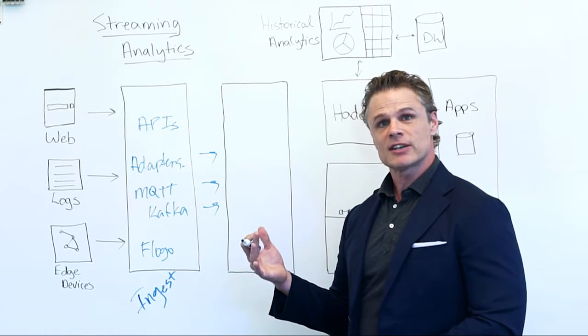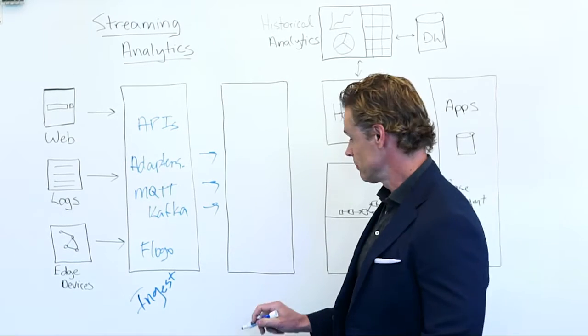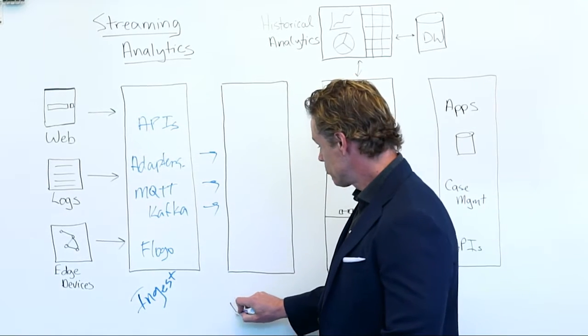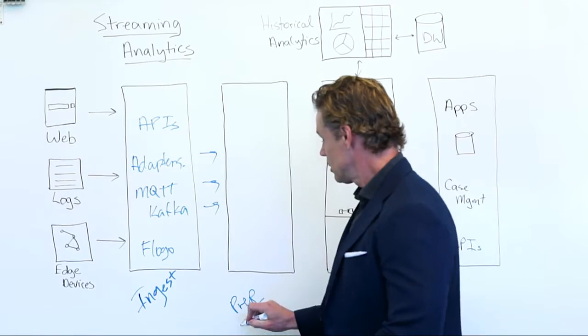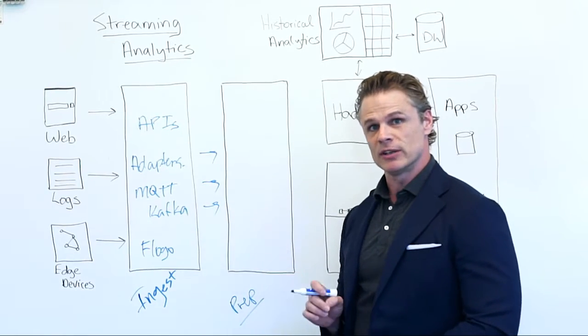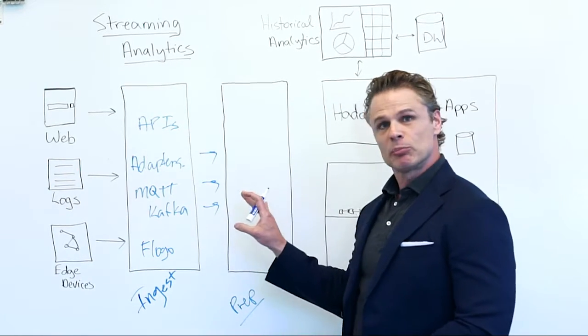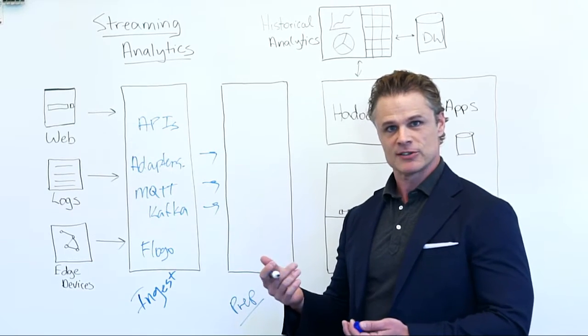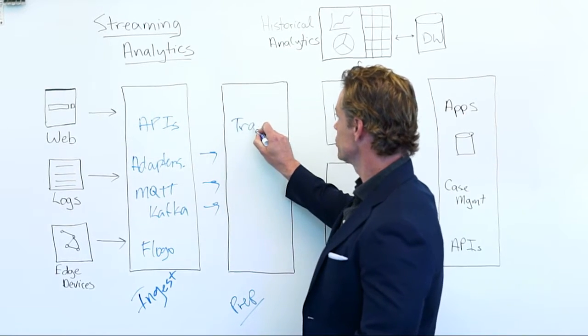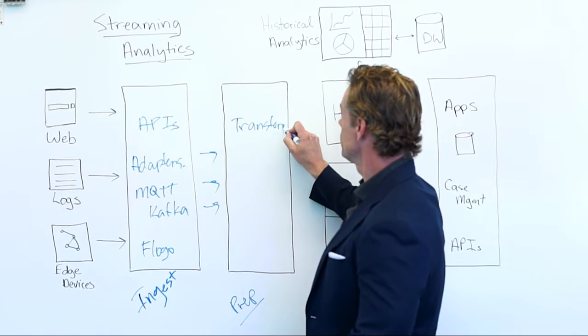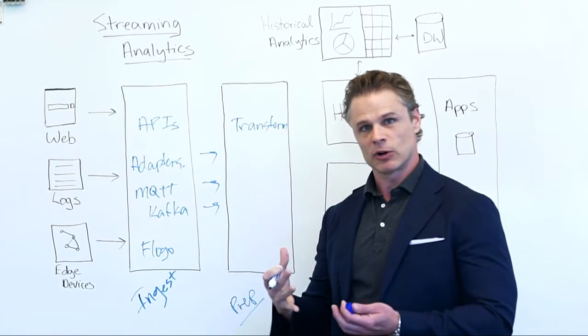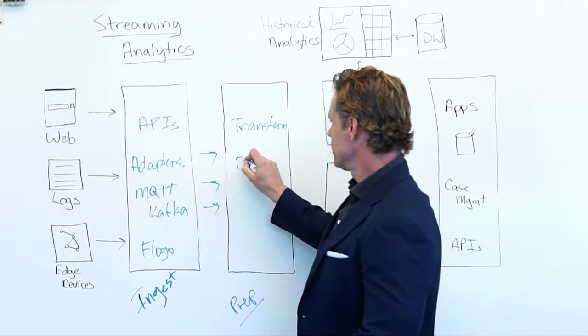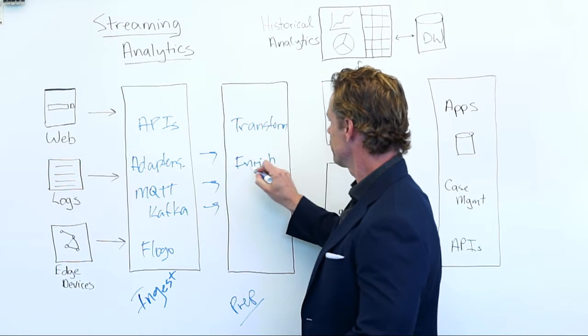typically what I want to do next is pre-process this information. So there's actually a stream preparation stage that often occurs at this point in the pipeline. And as part of the preparation, I can do a number of different things. I may do some transformation of the stream, since it may come in all kinds of wonderful formats. I may actually enrich the data.